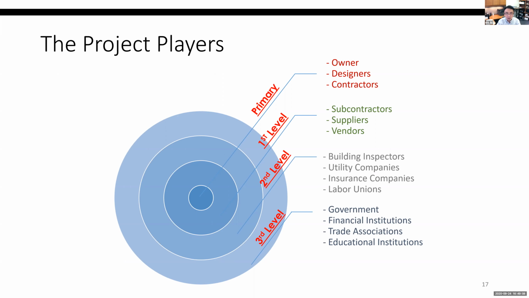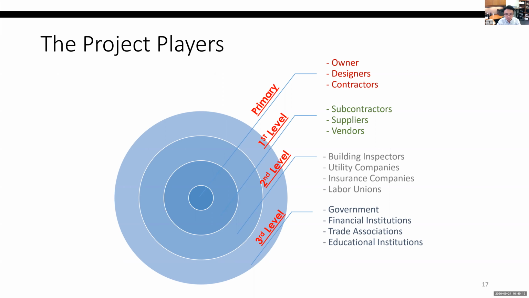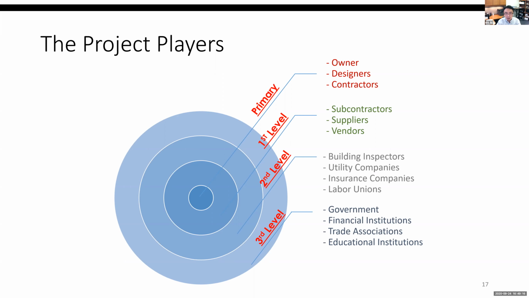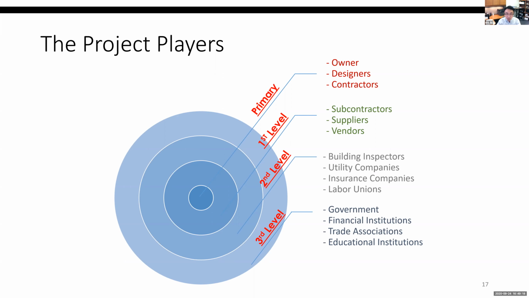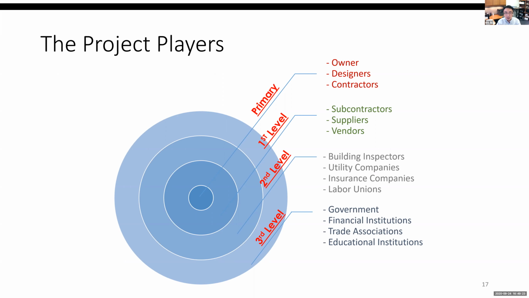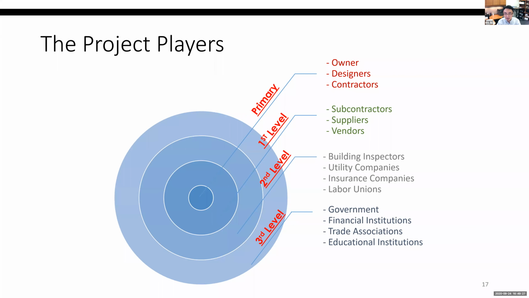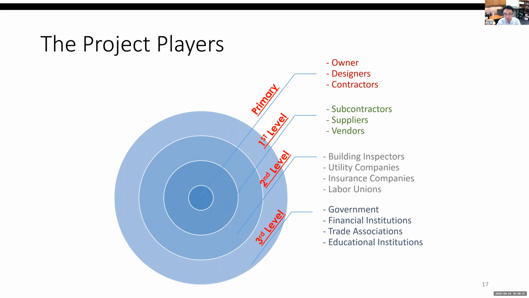Especially in the North, the labor unions play a big role. A lot of construction general contractors are using union laborers in the North. And of course, you have to deal with the government, the regulations, the building codes, the financial institutions to get the loan, and also trade associations such as AGC, ABC, and also educational institutions.